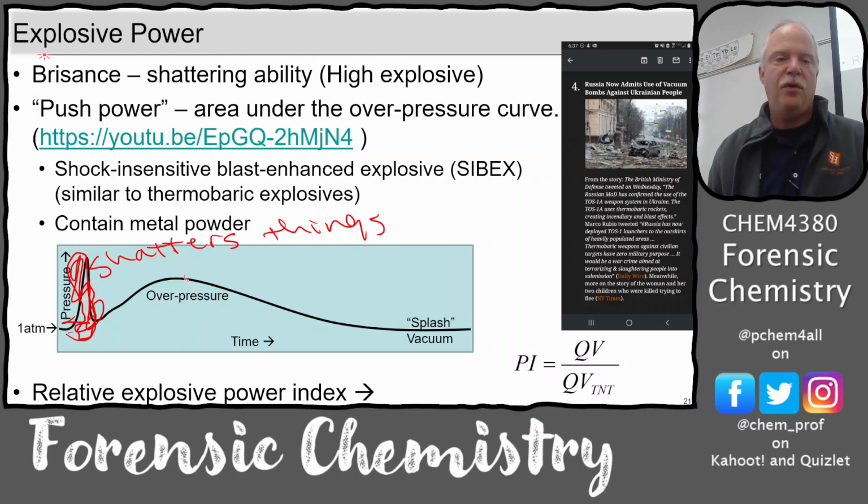And then if you were able to have a vigorous burning afterwards to produce a slower pressure wave, then you could have overpressure for a longer period of time, and that pushes things.